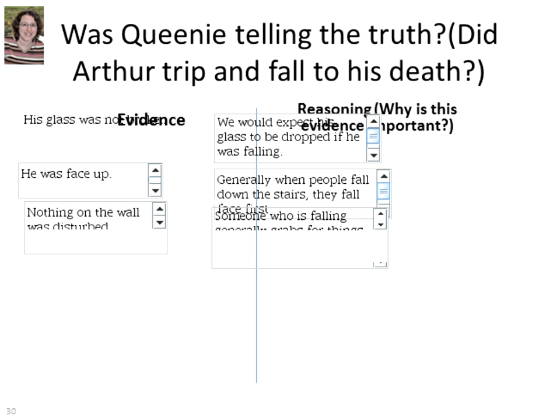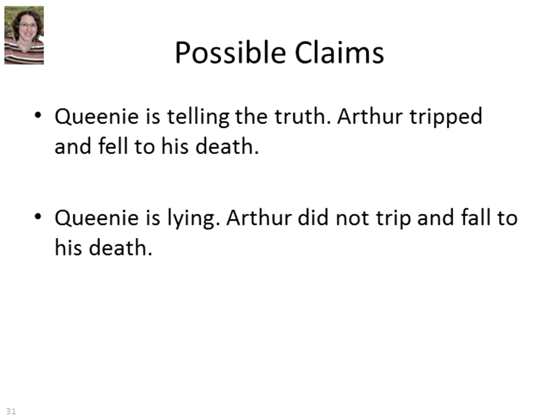So ultimately, what we want to do is make a claim to answer a question. We went ahead and gathered our evidence and told why it was important, but the reason that we're going to do that is to support a claim. Our question was, is Queenie telling the truth? Did Arthur trip and fall to his death? There are two possible claims: that Queenie is, in fact, telling the truth, and Arthur tripped and fell to his death, or that Queenie is lying, and Arthur did not trip and fall to his death.